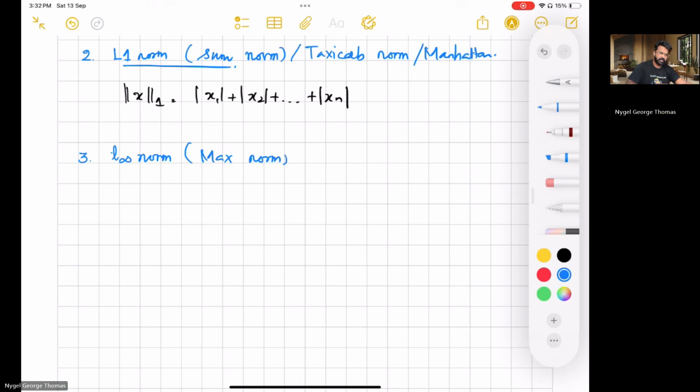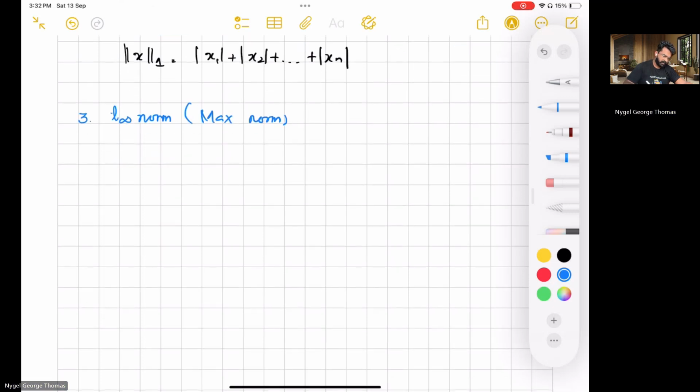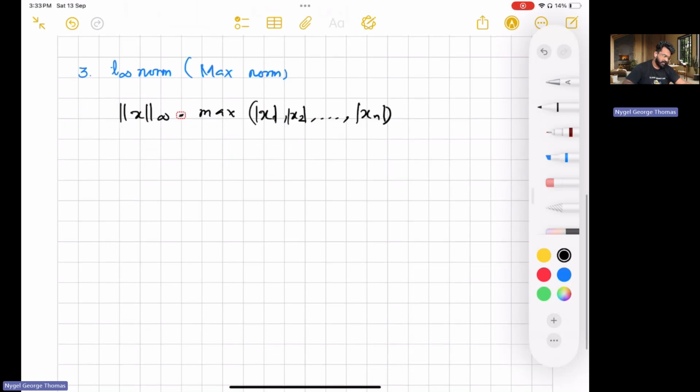The max norm, L infinity norm, is the max of x1, x2, etc., xn. Max of modulus. That's also something which is important. The max of the modulus of all the components of the vector.